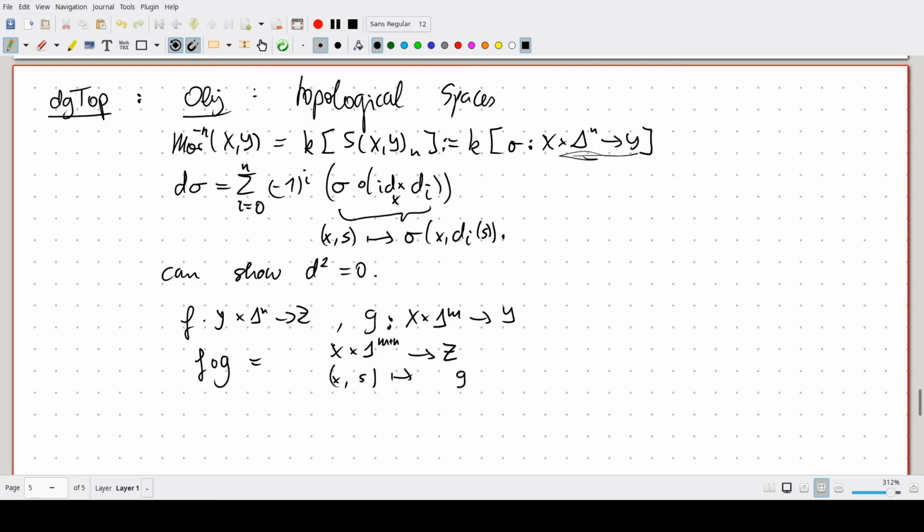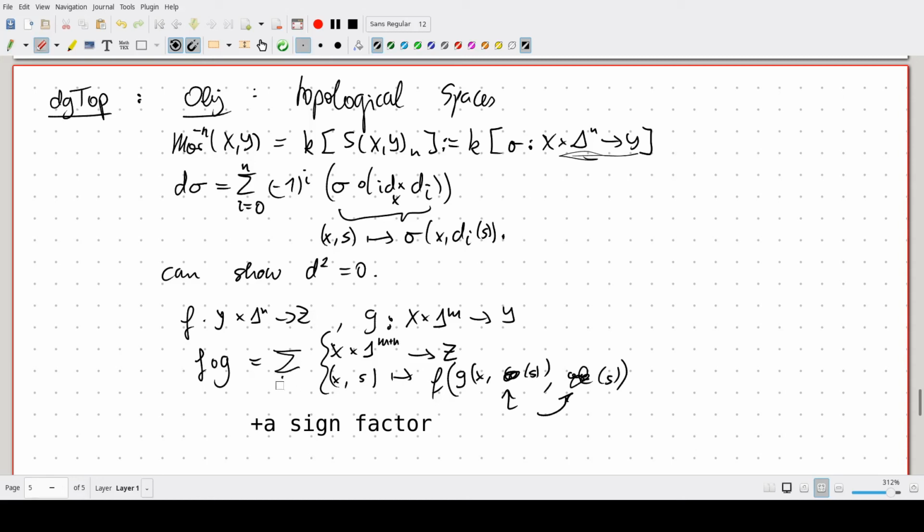We can apply g to x, we have no other choice, and something applied to s, and then we get an element in y, and we can then plug this element into f, and then also apply something potentially else to s. I'm not going to specify what these operations are, but there is a way to define them, and there are indeed a lot of different ways to define them, so we have to sum over all of them.